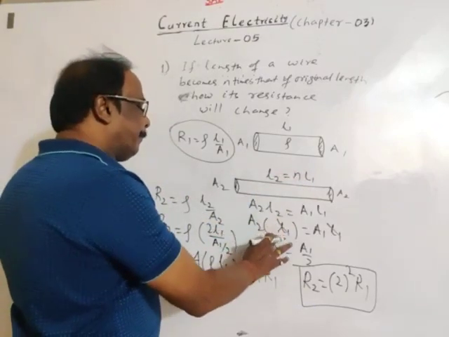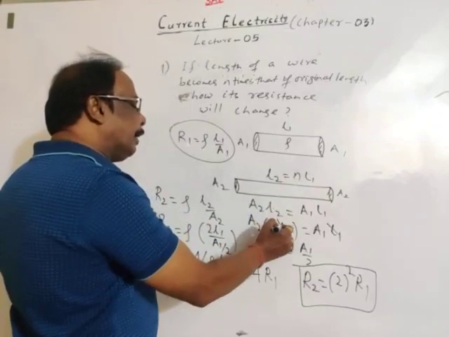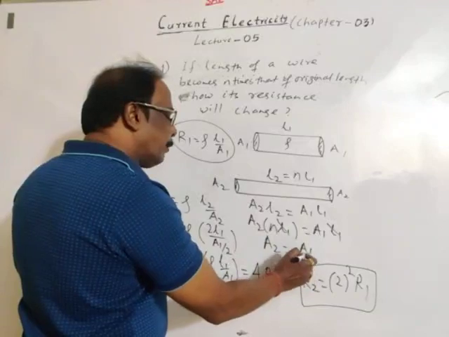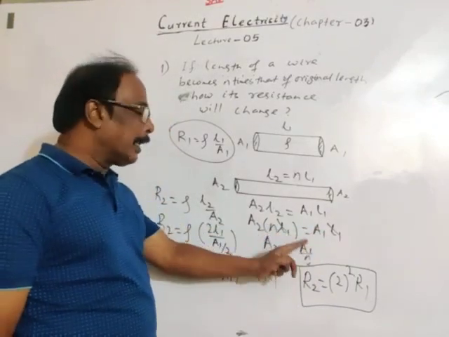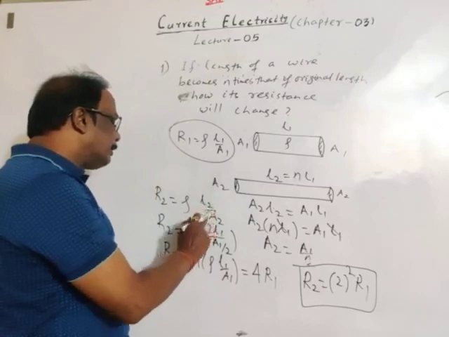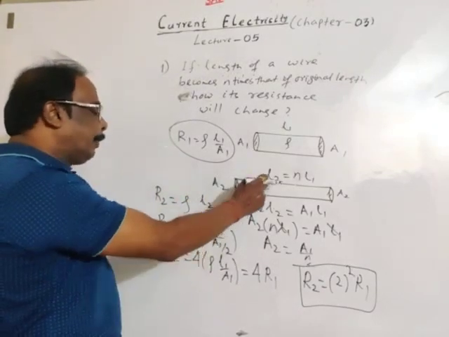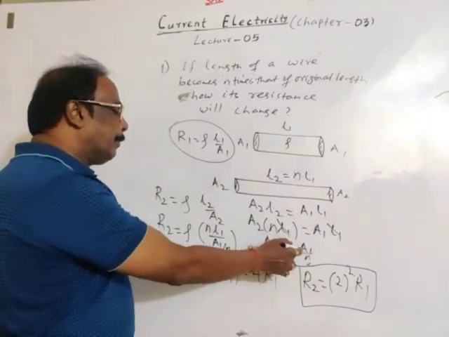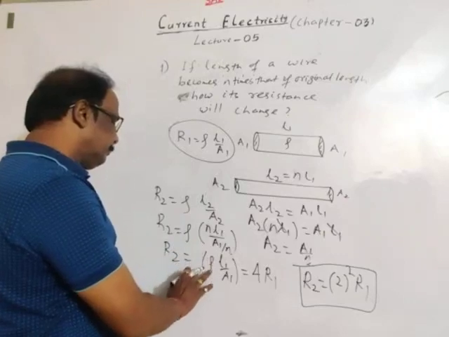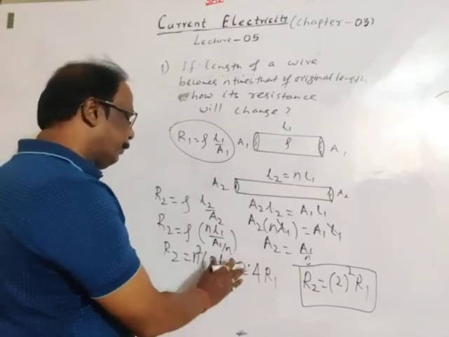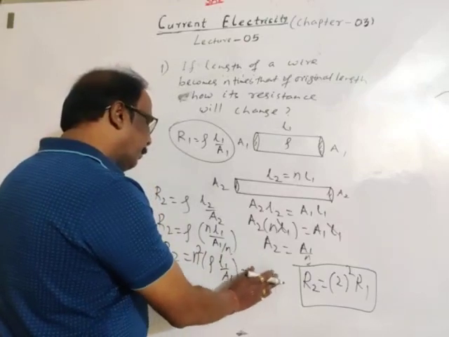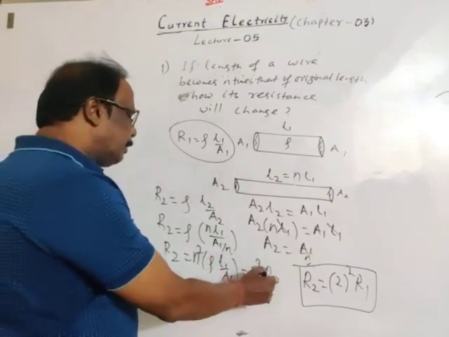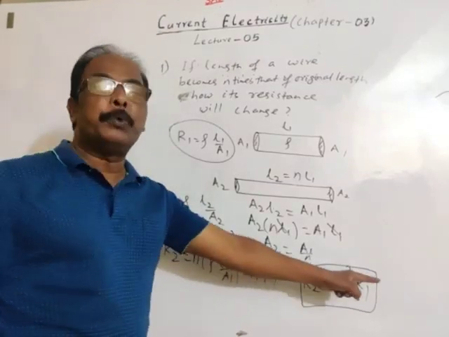So in place of L2 we write n L1, L1 gets cancelled, then the final area is 1 by n times the original area. The final resistance is rho L2 by A2. Here L2 is n L1 and A2 is A1 by n, and it comes to n square into rho L1 by A1, which is n square into R1. So R2 is equal to n square into R1. Here, 2 square into R1.